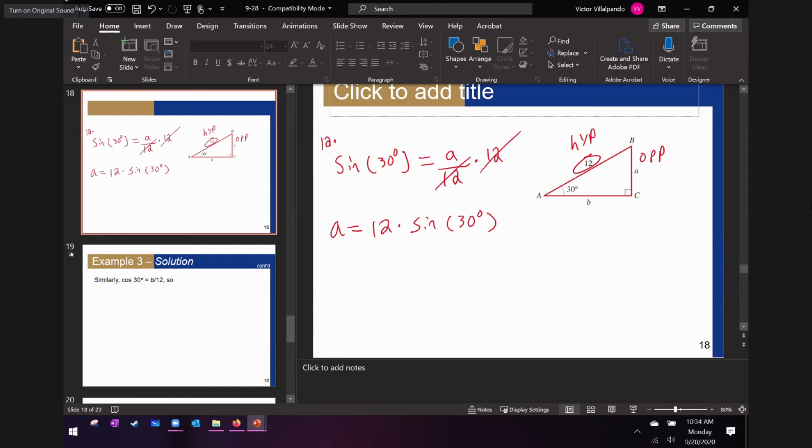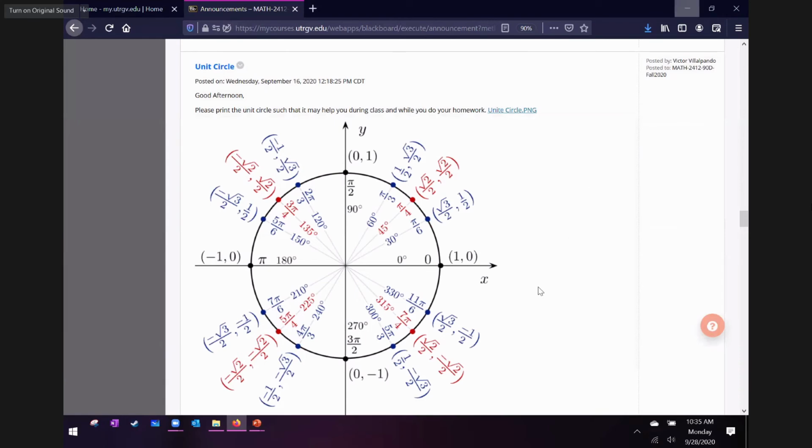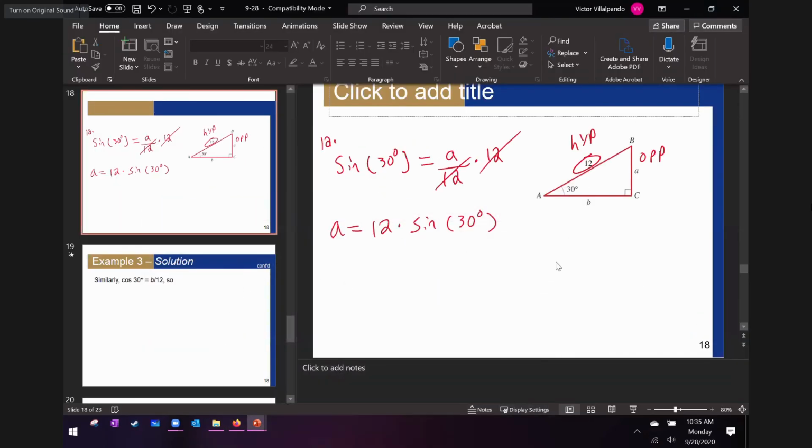You don't even have to, if you know your quadrant 1 and your unit circle, because sine is related to the y part of the angle, and that's 1/2. If you're really great with your unit circle, sometimes you're faster than the calculator. So then A is equal to 12 times 1/2.